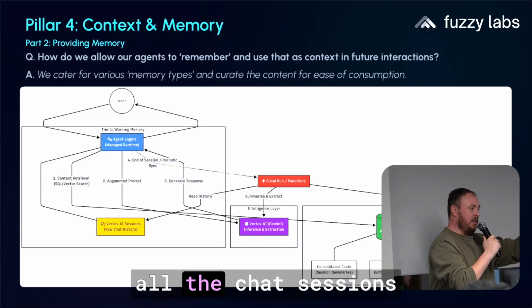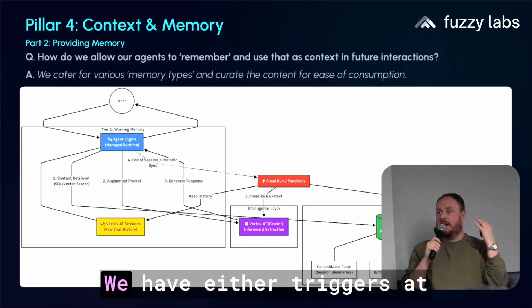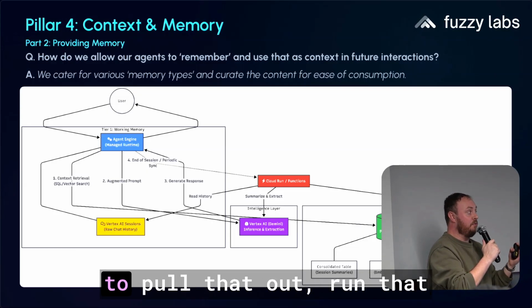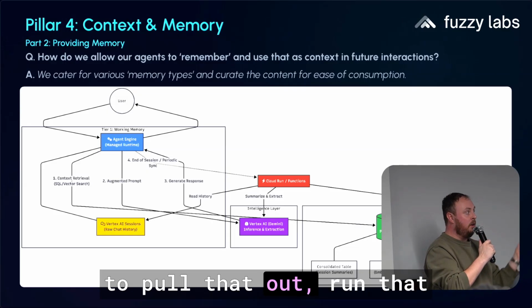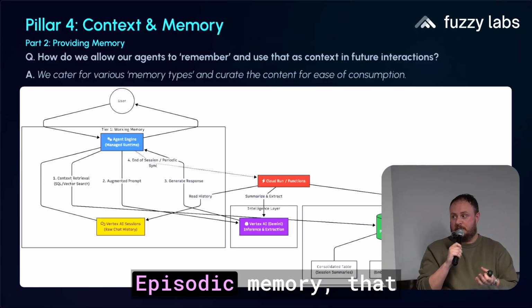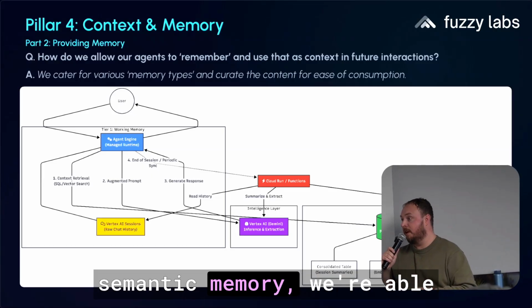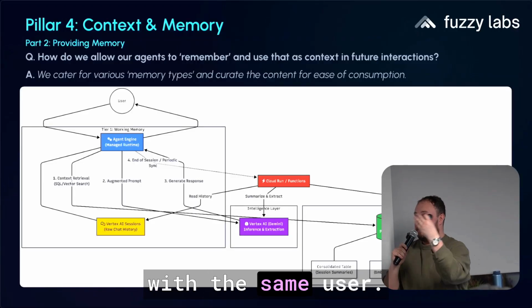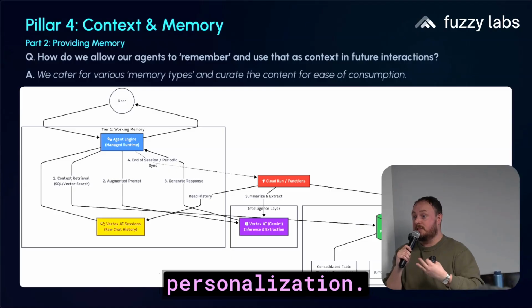So the idea is that all the chat sessions exist and are persisted. We have either triggers at the end of that session or periodic triggered jobs to pull that out and run that through a language model. The idea then is that we are able to hold that episodic memory and that semantic memory. We're able to pull that back into the agents on the next sessions with the same user, and it creates that personalization.